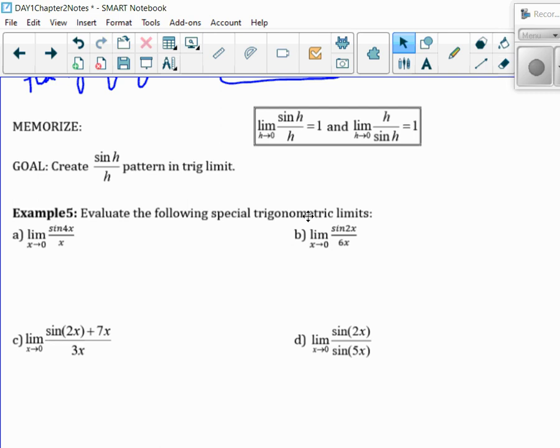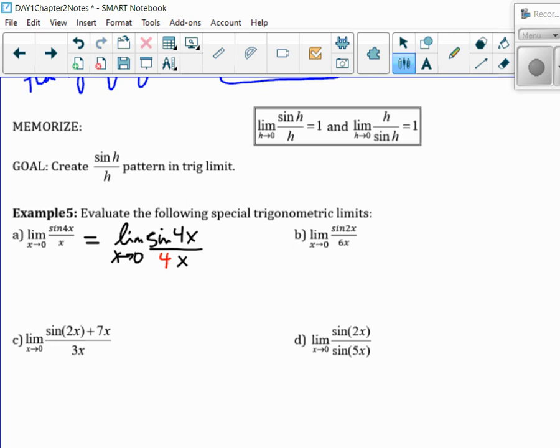So does everybody see I have a 4x there? So you can't get rid of the 4 because the 4 is inside the sine function, right? So I'm just going to make it look like there's a 4. So I have an x there. I'm just going to put a 4 there.